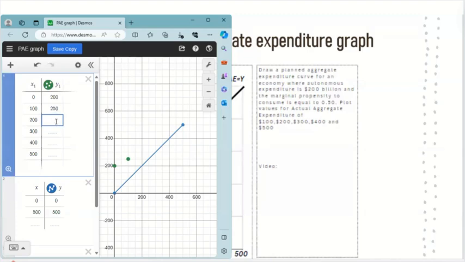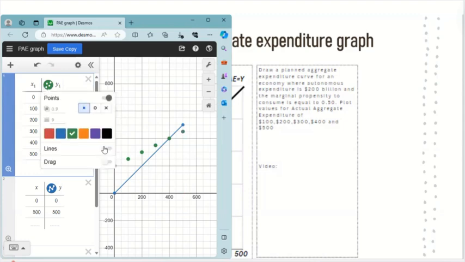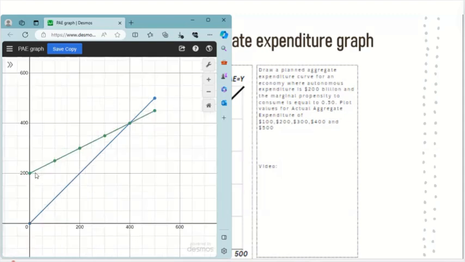So 250 plus 50 will be 300. 300 plus 50 will be 350. 350 plus 50, 400. And as we can see, we have our equilibrium here. And 400 plus 50, 450. And we can just go ahead and make a line so we can see a little better. And here is how you draw a planned aggregate expenditure curve given this information.